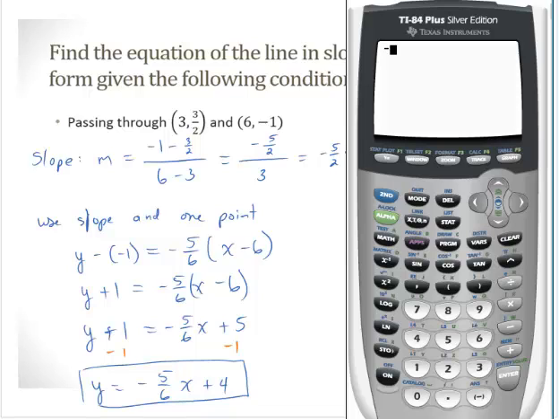All right, so let's see, -5/6 times 3 and add 4, and I get 1.5, which I recognize as 3/2. If you don't recognize that as 3/2, now hit Math, change the fraction by hitting Enter and entering again, and we do see the 3/2. So when x is 3, the output is 3/2, and I'm comfortable with my equation.